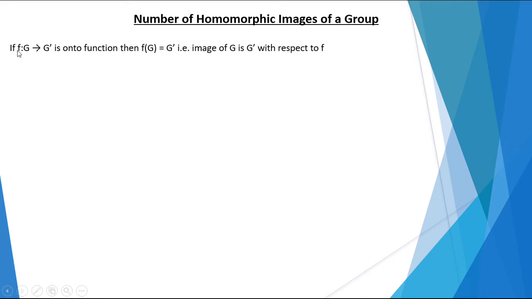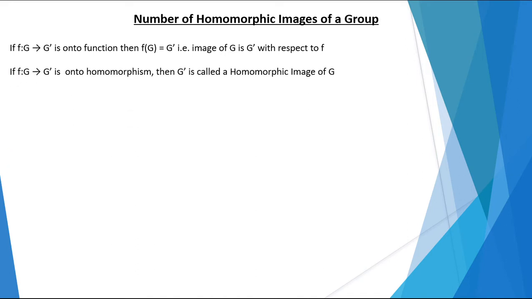If f from G to G dash is an onto function, then f of G equal to G dash, that is, the image of G is G dash with respect to f.